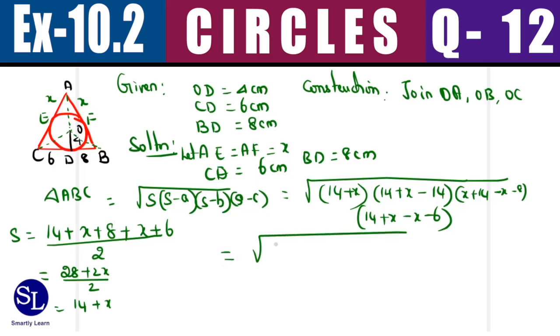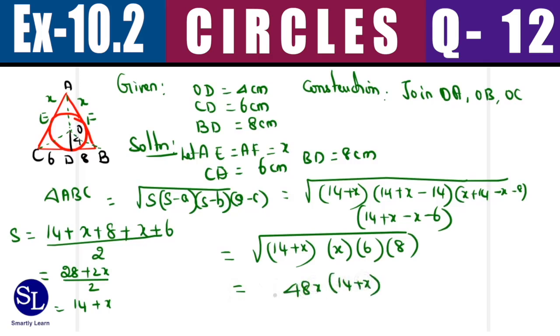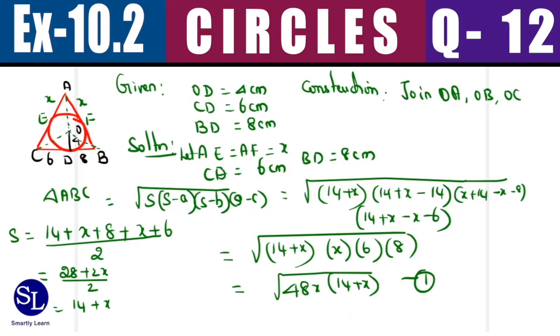So this is nothing but root of 14 plus x into, here I'm going to get just x, here it is going to be just 6 and here it is going to be 8. So this is equal to root of 48x into 14 plus x, the whole thing written in root. I'll mark this particular expression as 1.